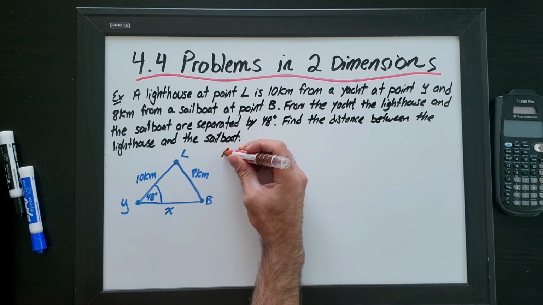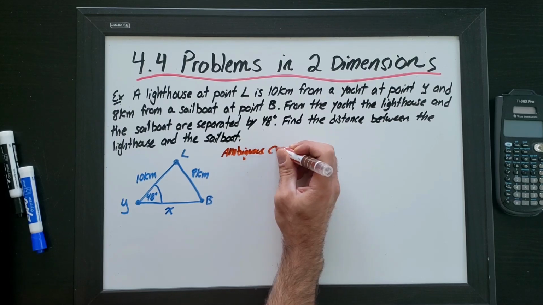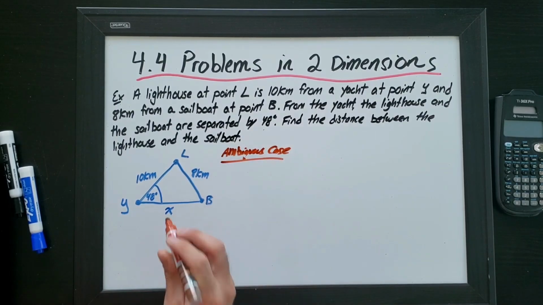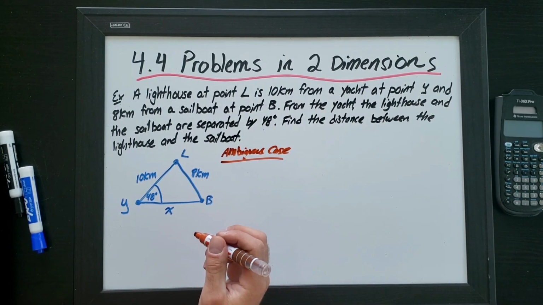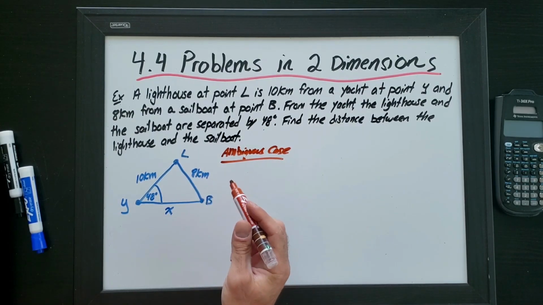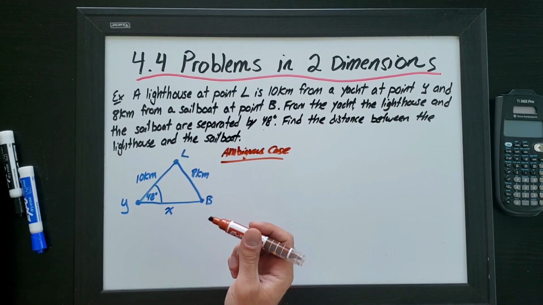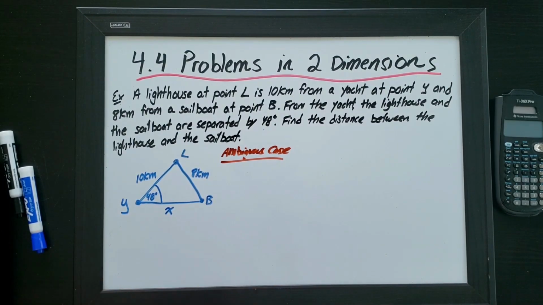Therefore, I have an ambiguous case, which means I need to solve this question twice. One for an acute angle B and one for an obtuse angle B. And I'm going to show you why there's actually 2 solutions. Let's just solve it. Actually, no, I'll draw it right now. So, why is there an ambiguous case? Look at the second thing that can happen here.